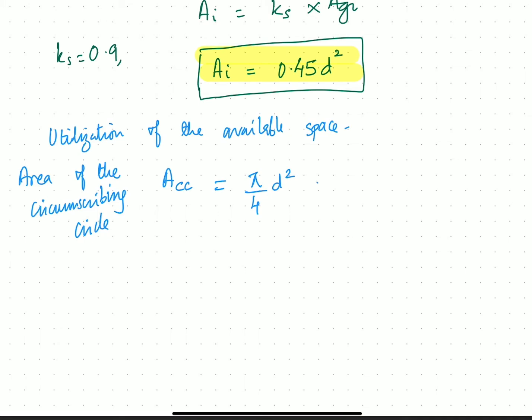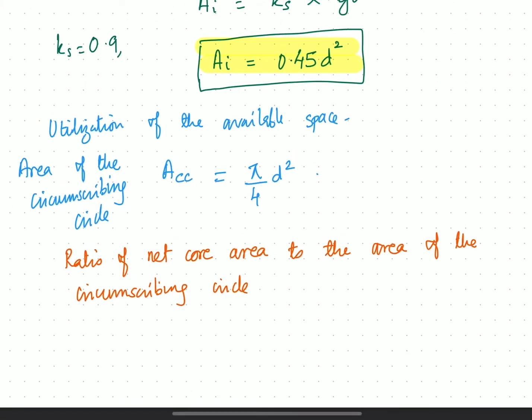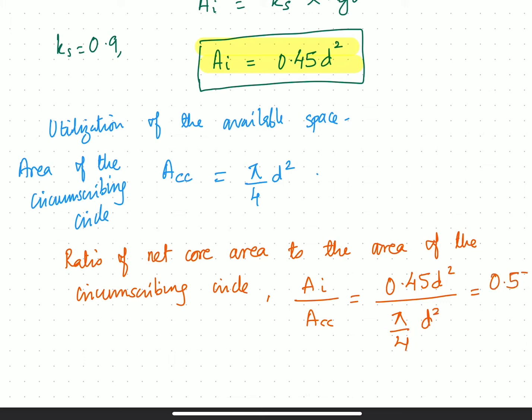So the ratio of the net core area to the area of the circumscribing circle is given by AI over ACC, which is equal to 0.45 d square over pi by 4 d square. That comes out to be around 0.58.